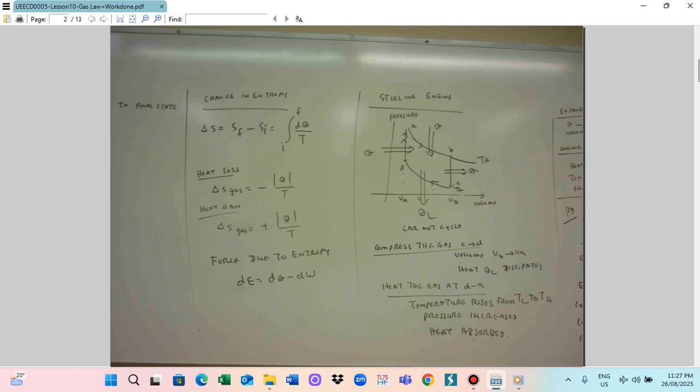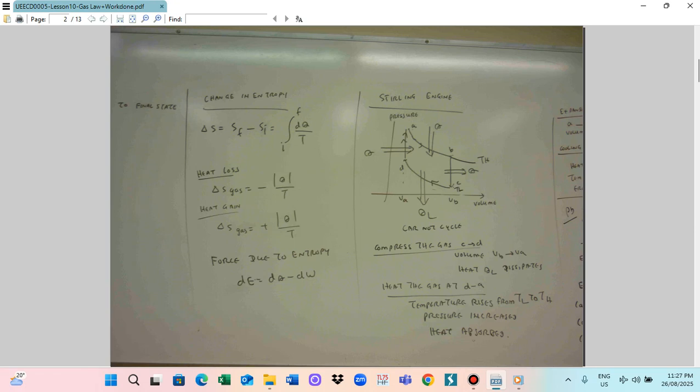We have dE equal to dQ minus dW, the change of heat minus the change of work done. This uses the change of entropy, and these are the equations to calculate the change of heat.